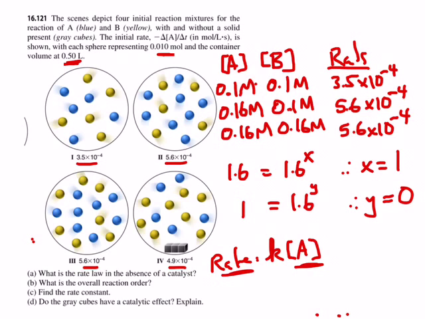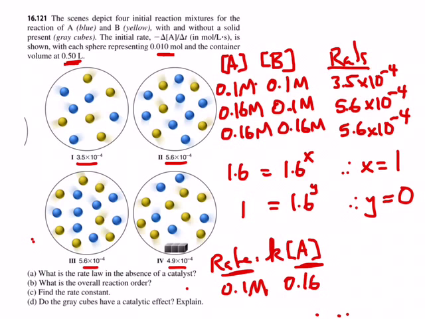Do the gray cubes have a catalytic effect? Well, in the final container, we see that the concentration of the blue spheres, the A's, 1, 2, 3, 4, 5, in trial 4, we have 0.1 molar A, and the yellows, we still have 8 of them, so we have 0.16 molar B's.